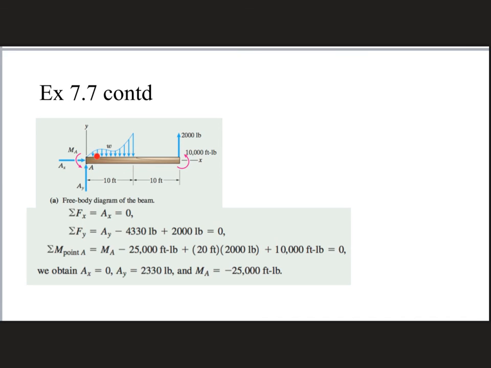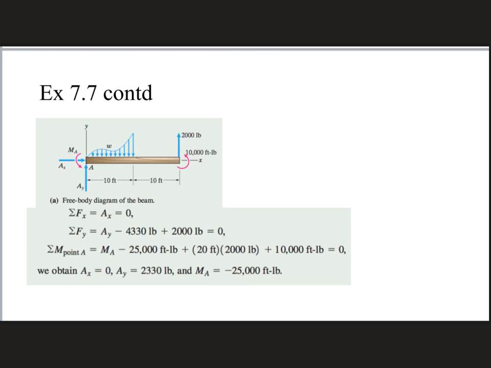So we have this moment at A, and this is the moment of the distributed load. And again, it's minus because if this distributed load were the only thing acting on this bar and it were hinged at A, it would move downward. It would rotate in the clockwise direction, so that's going to make that minus.